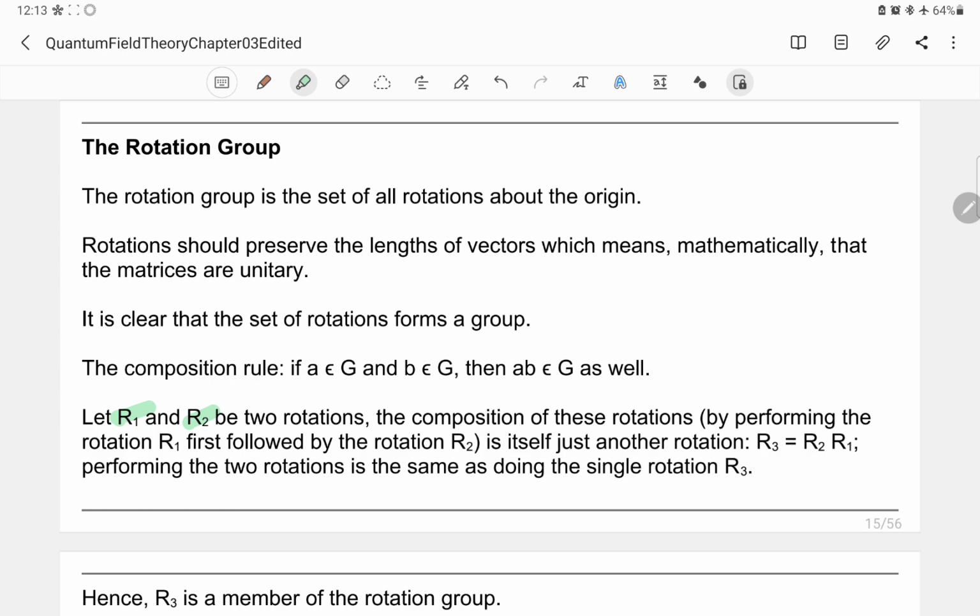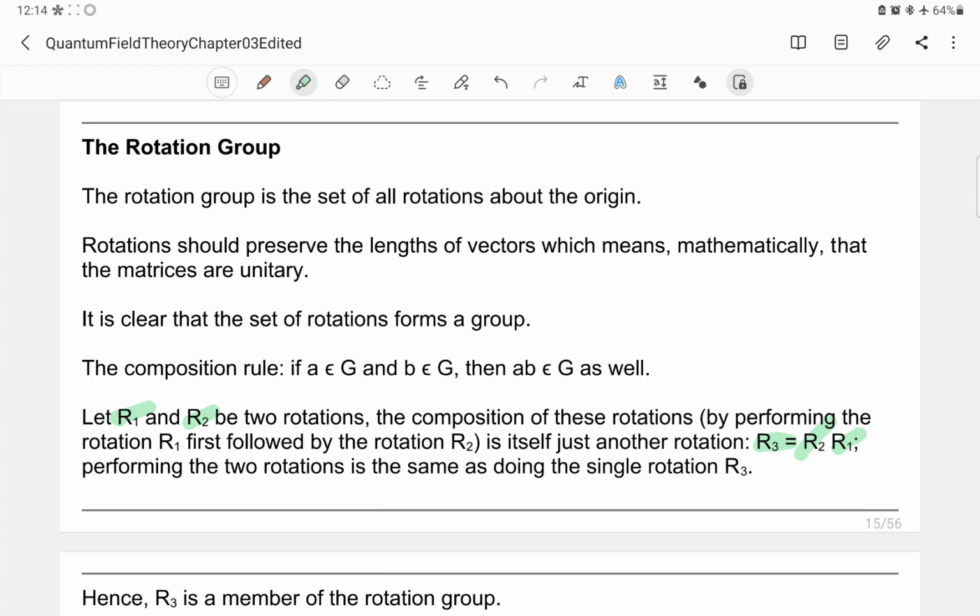The composition of these rotations should be a member of the group. So say for example, rotation R3 is done by doing R1 followed by R2.